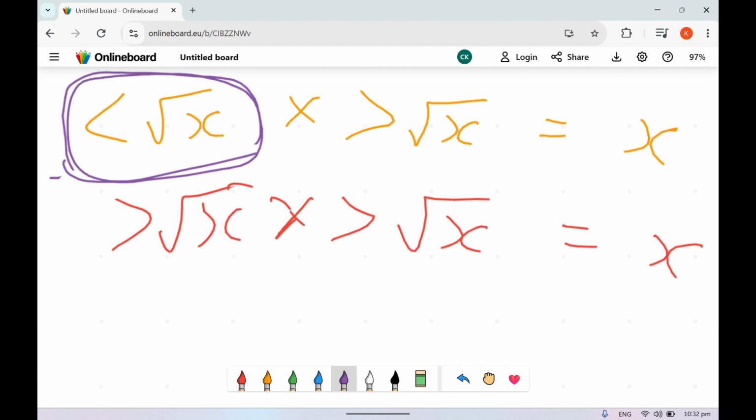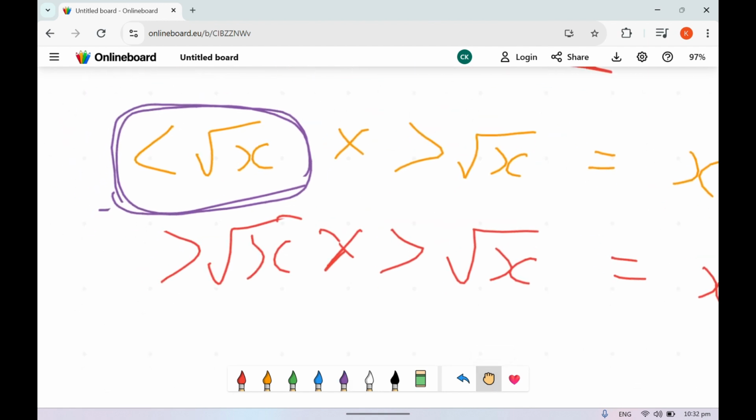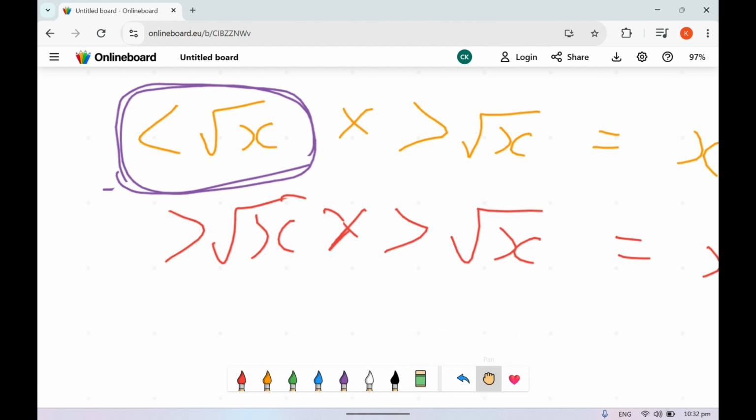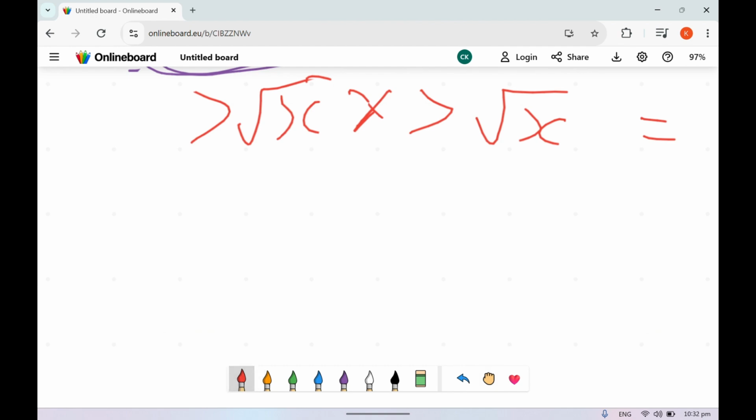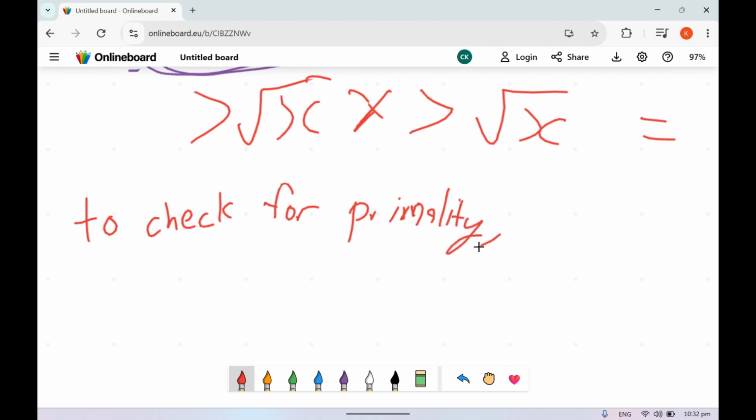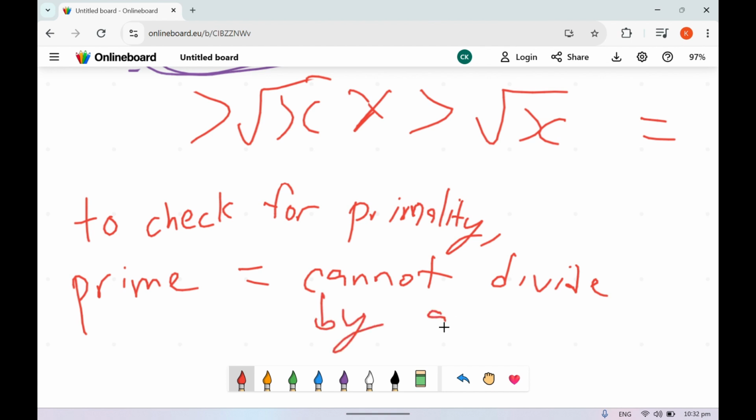Because once we have determined that nothing works, because to check for primality, agree that prime means cannot divide by anything except one and itself.